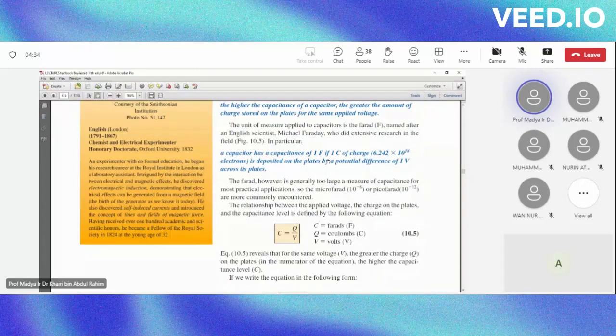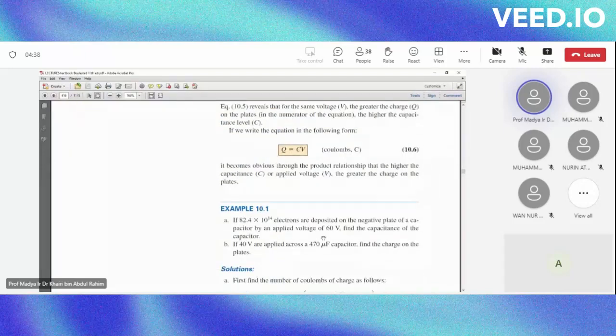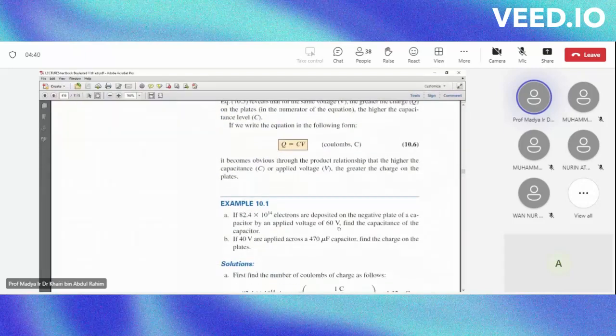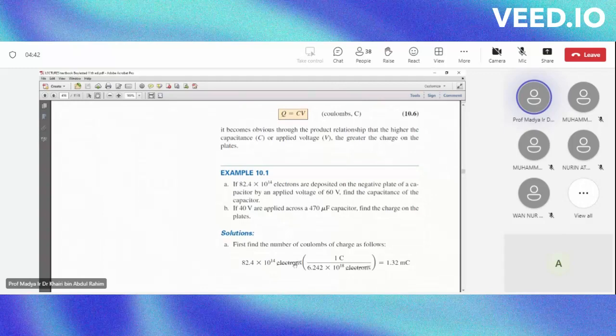So if you're given electrons and then you are asked to find the capacitance value, obviously you have to divide by the number of electrons per coulomb. I think this 6.242 times 10 to the power of 18 electrons is a constant for each coulomb. I think it's in your calculator, I guess.